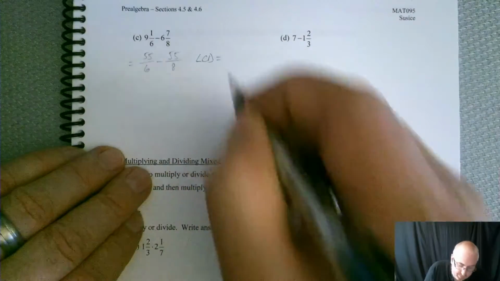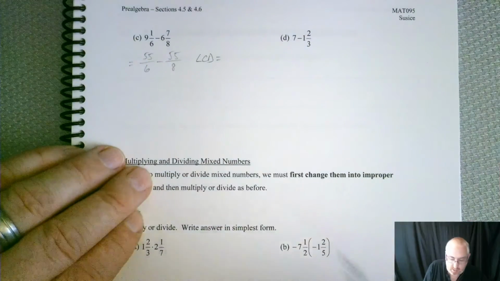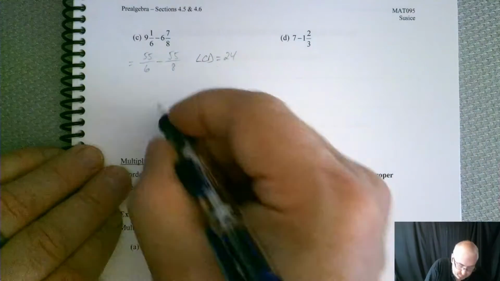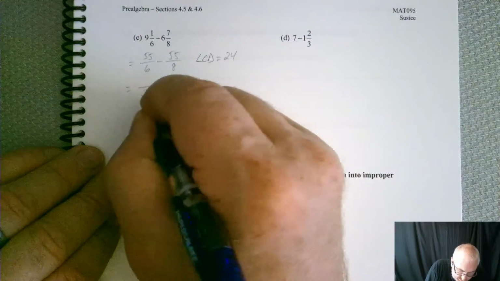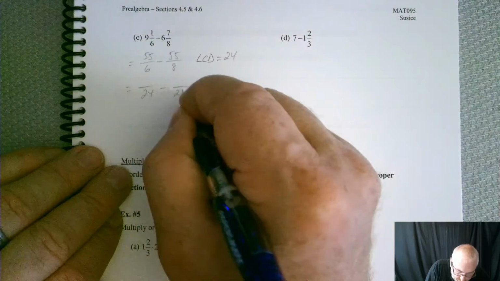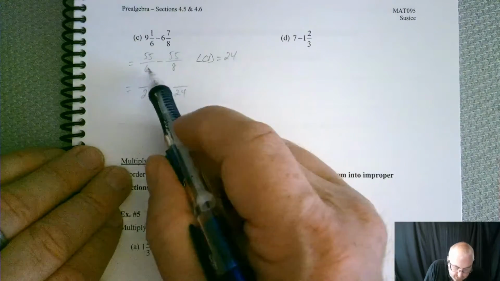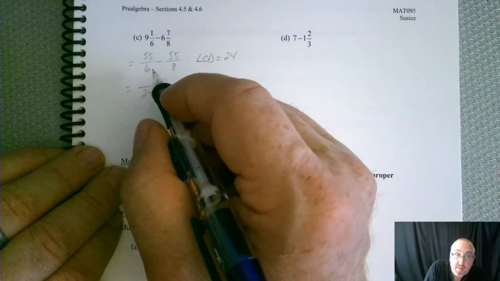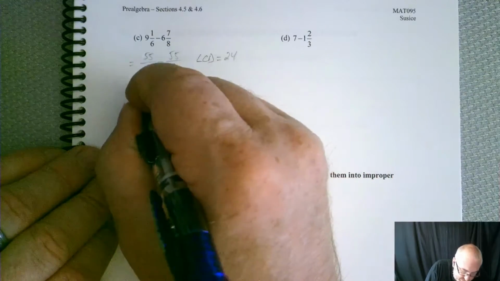But what we're missing, of course, is our LCD. So 6 and 8, we did that one already. We know it's 24. So let's change those to 24s. Times this one by 4. Well, 55 times 4, I believe, is 220.